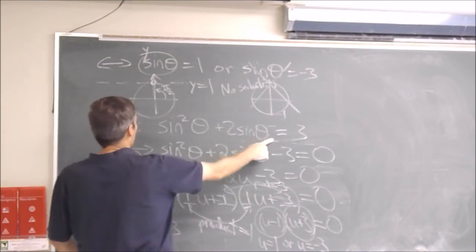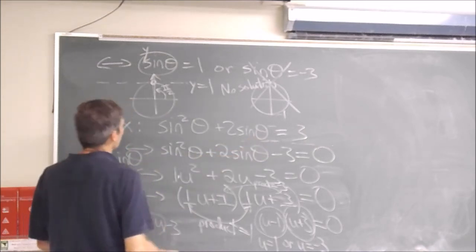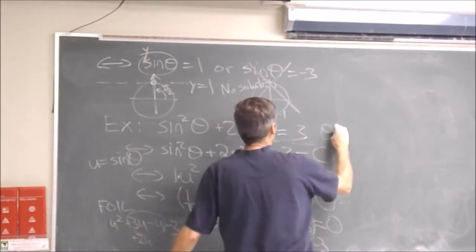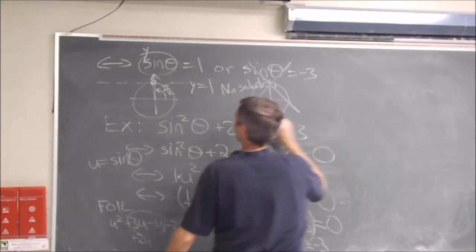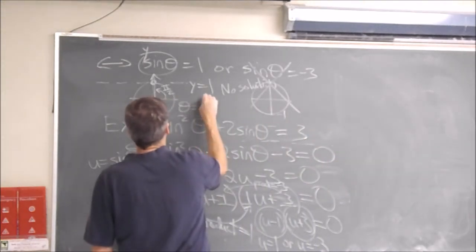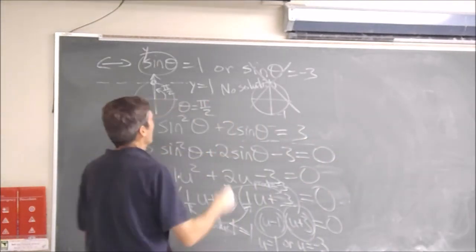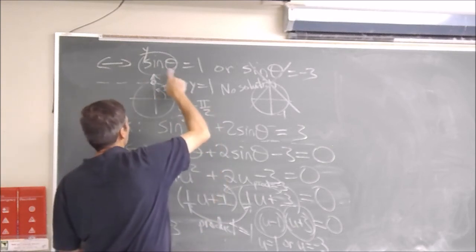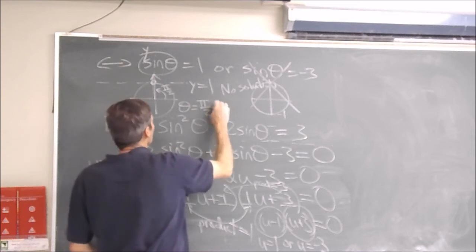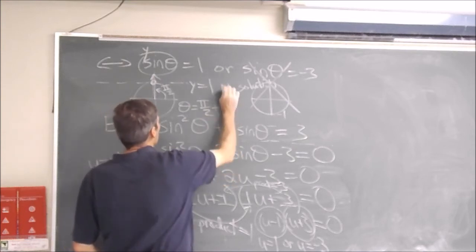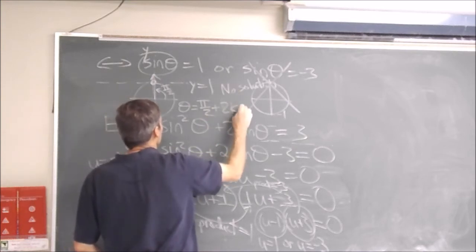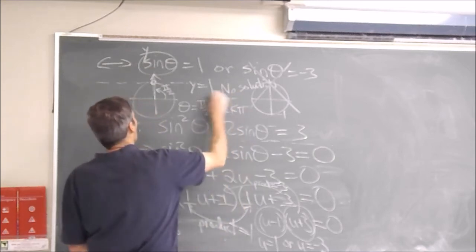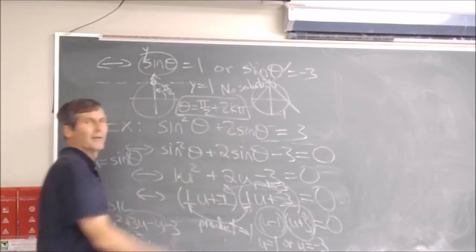I didn't restrict theta this time, so I'll say all solutions are theta equals pi over 2, that one right here, and any coterminal angle. You can add 2 pi, you can add twice 2 pi, you can add 3 times 2 pi. You can add in general k times 2 pi, which we usually write by convention as 2k pi. So there are all the solutions to this one.